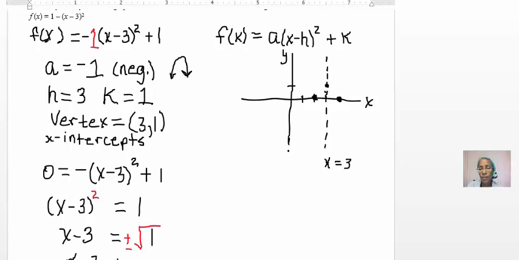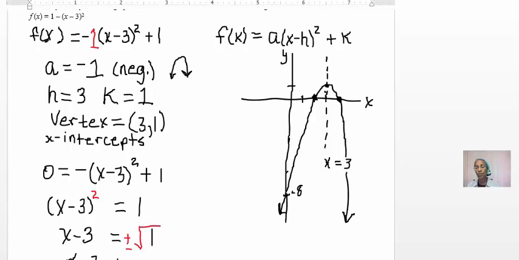And we know that negative 8 was our y-intercept. Okay, so that is a rough draft of our graph.